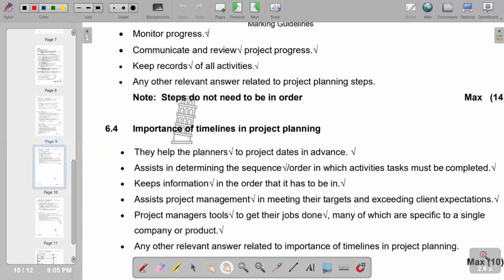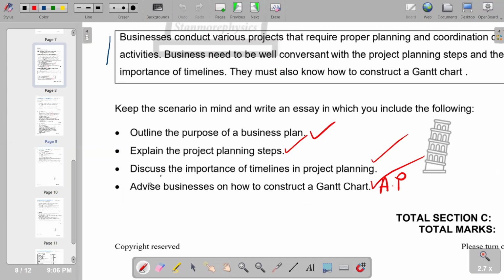We have got a continuation on project planning steps: communicate, review project progress, keep records of all activities. So that is what we have on that part. And we go to the next part whereby we have to discuss the importance of timelines in project planning. What are the importances of timelines in project planning?